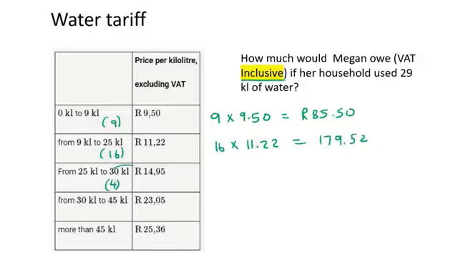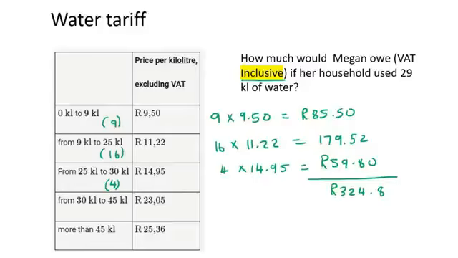And then 4 multiplied by 14.95 will be 59 Rand 80. Now if we add all of that together, we end up with 324.82. But now they want us to add the VAT.